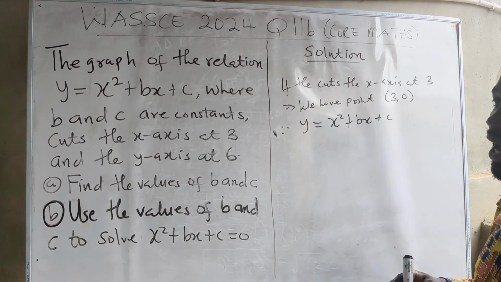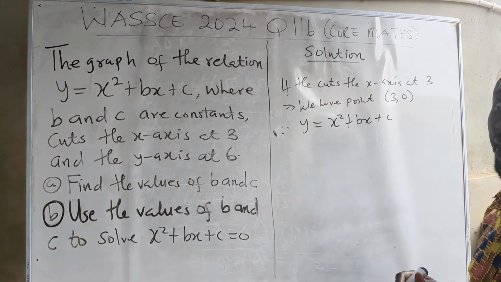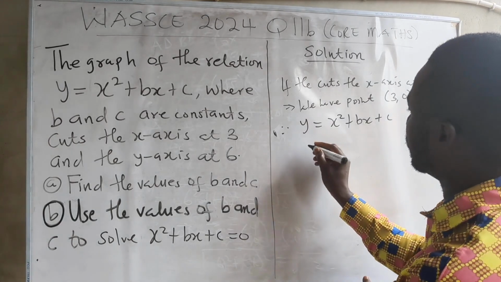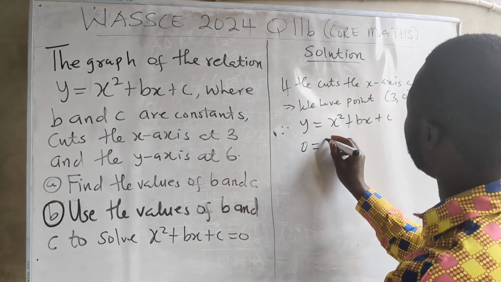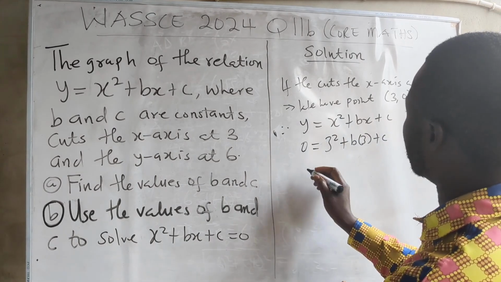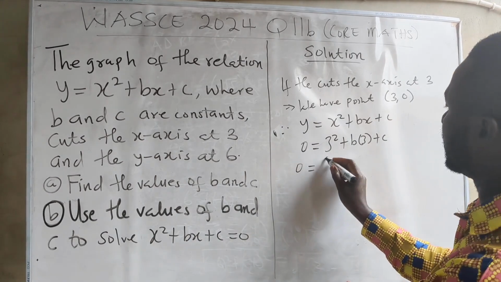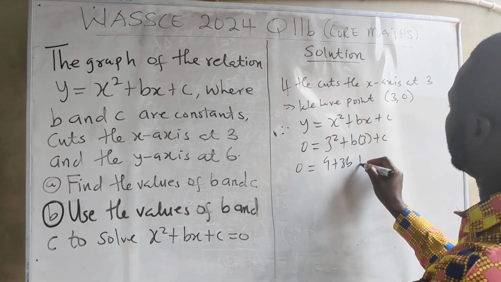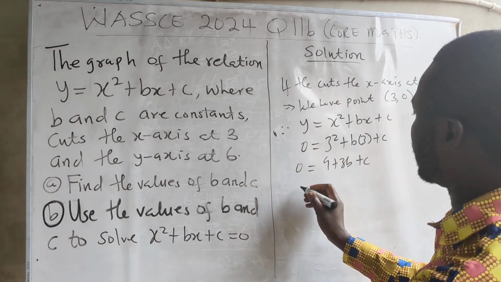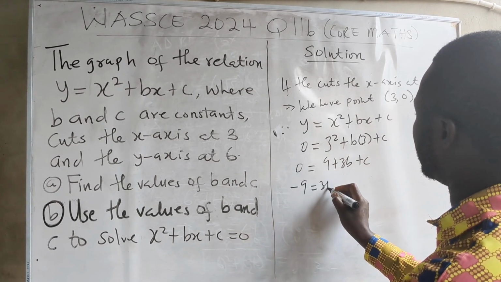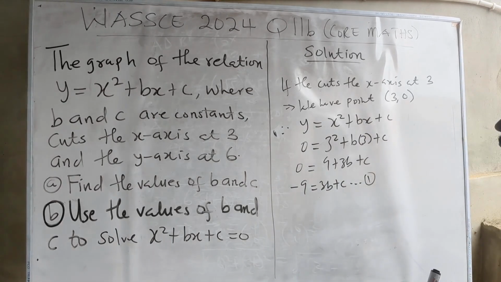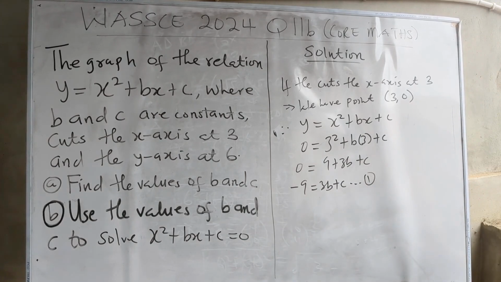So we are going to substitute s and y into the quadratic function. What is the value of s? 3, and y is 0. So 0 will be equal to 3 squared plus b multiplied by 3 plus c. So our 0 will be equal to 9 plus 3b plus c. Alright, so let's take the 9 over, so that we are going to have negative 9 is equal to 3b plus c. So let's put this one down as our equation 1.